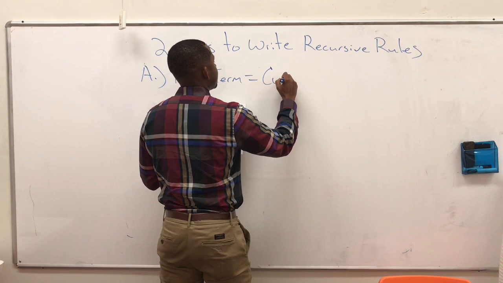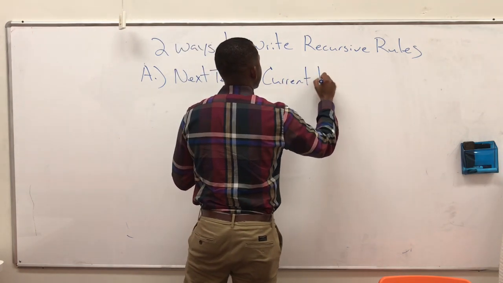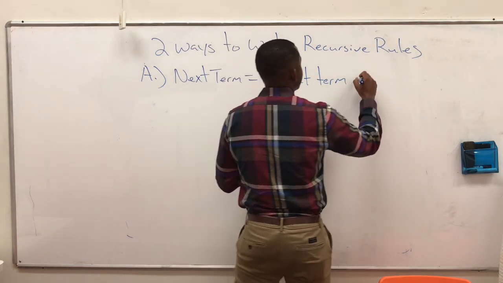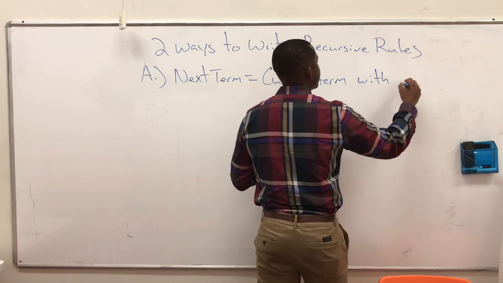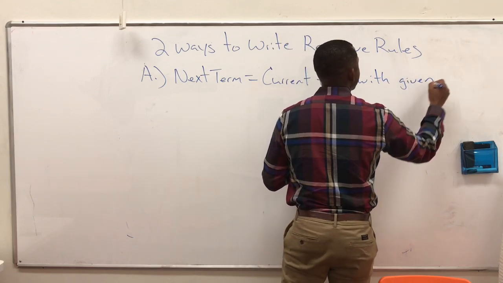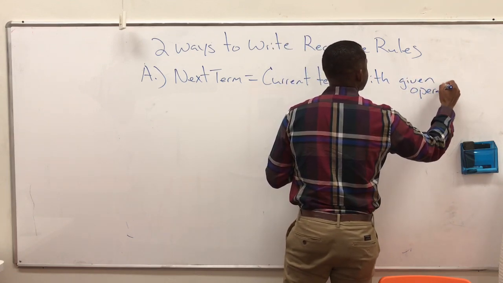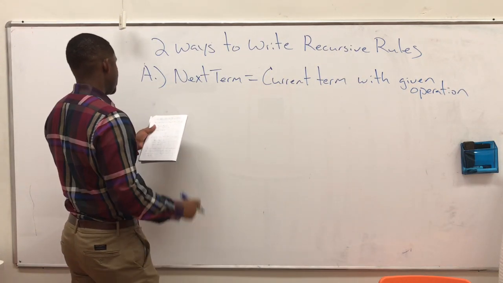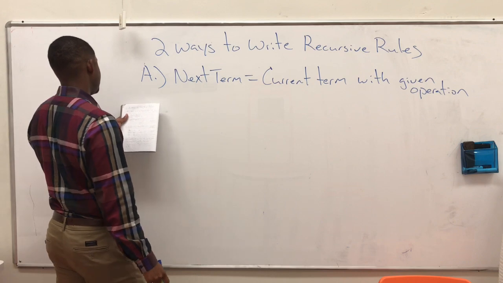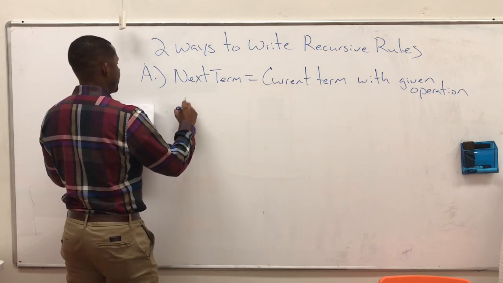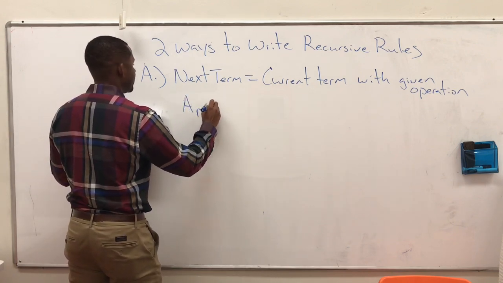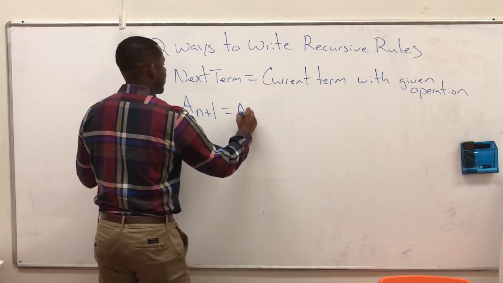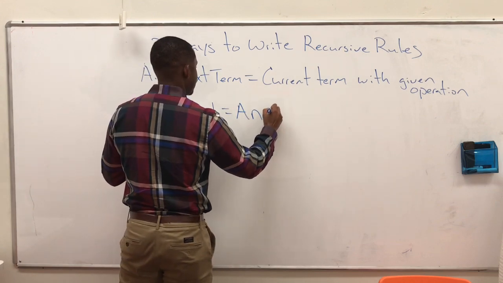So I do the current term with the given operation. Okay? So an example of this would be a sub n plus 1 equals a sub n times 6.